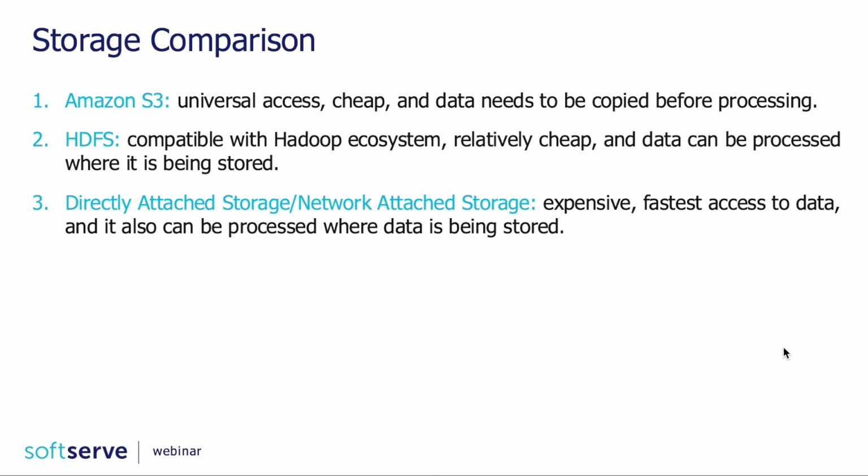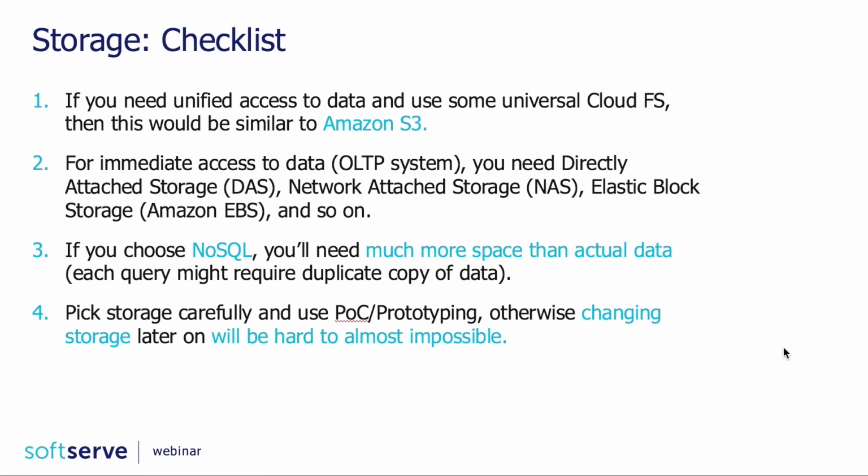So whatever comes out of the Hadoop ecosystem will probably be a little bit harder to use. Directly attached storage or network attached storage, so-called DAS and NAS, are quite expensive, but they provide the fastest access to the data. So if you want to put some mission critical data or run really fast algorithms on data, you can probably pick this storage.